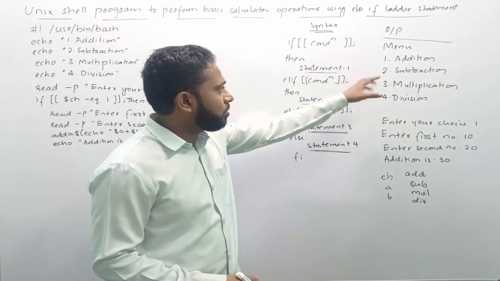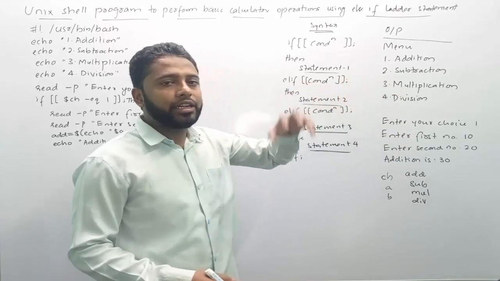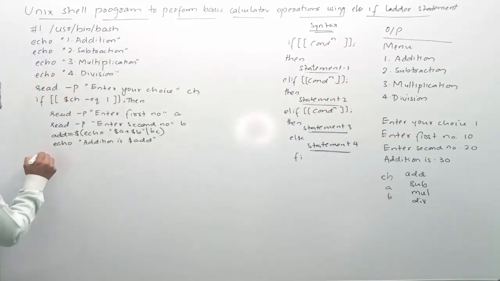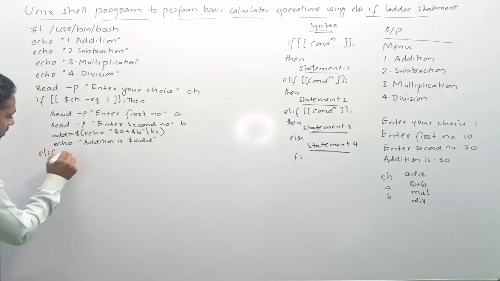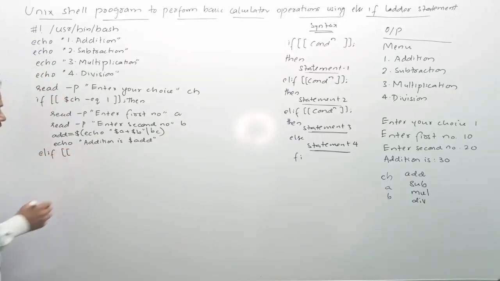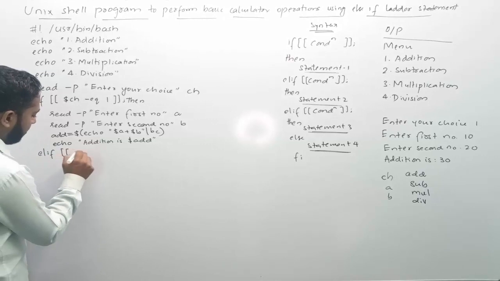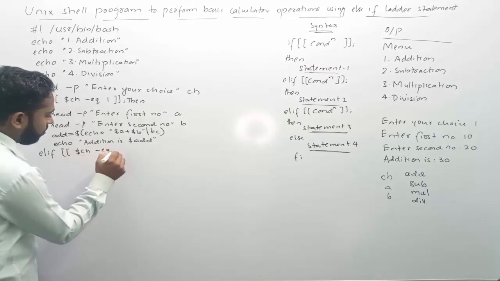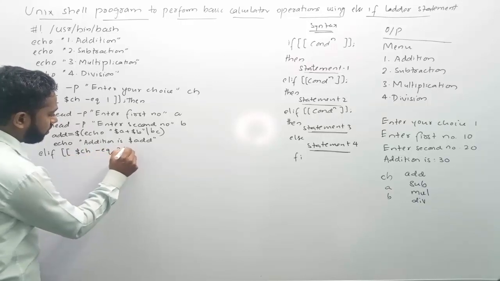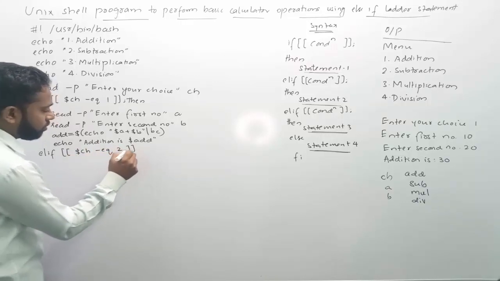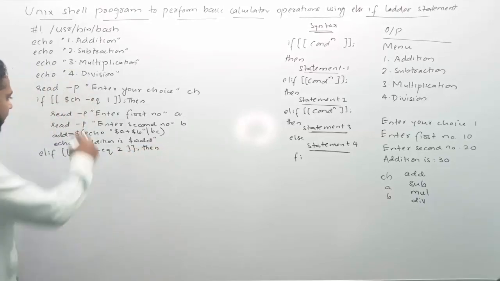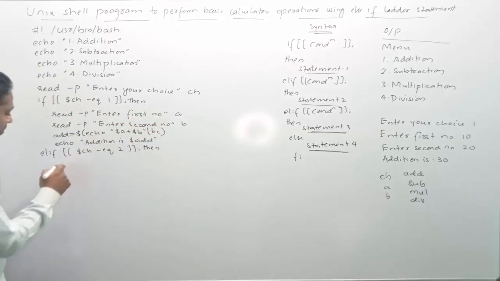That means the user wants to perform subtraction. So in that case I need to come to the else if block. elif [ $ch = 2 ]; then, again I need to ask the user to enter these two numbers.